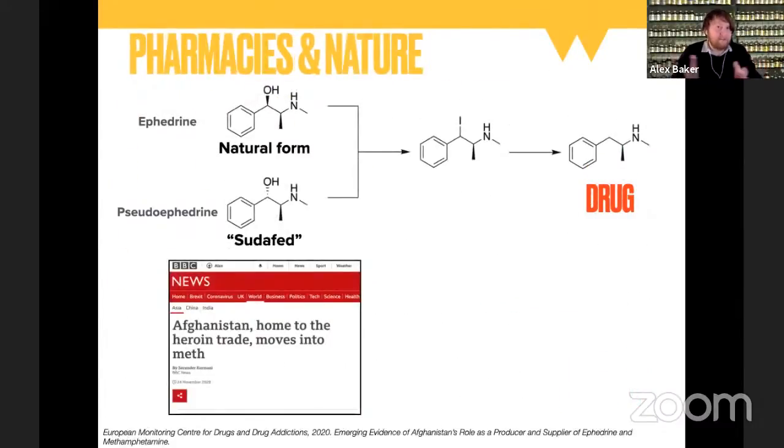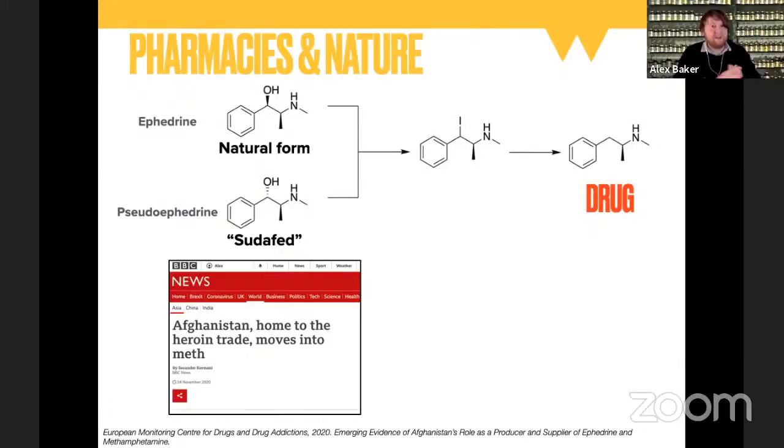However, more recently and more worryingly, what you might have seen in the news are drug producers in Afghanistan rediscovering the use of ephedra plants like Nagayoshi realized. And you can use those ephedra plants, which are common in Afghanistan, to isolate ephedrine on a truly large scale. And again, unfortunately for society, the naturally occurring and most abundant enantiomer of ephedrine is the one you find naturally occurring in the plants.